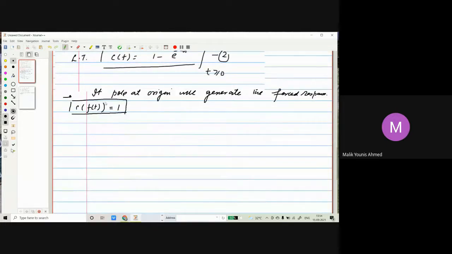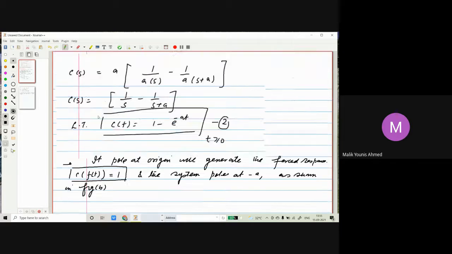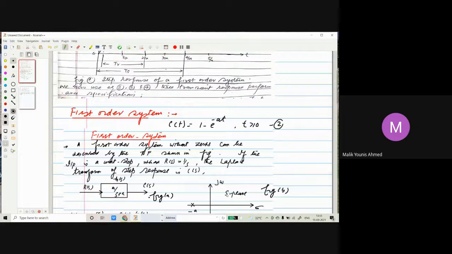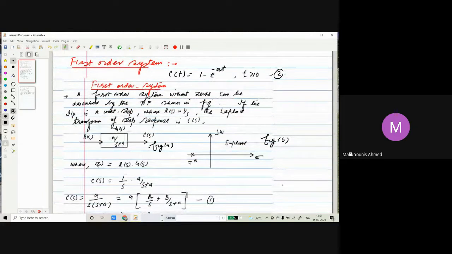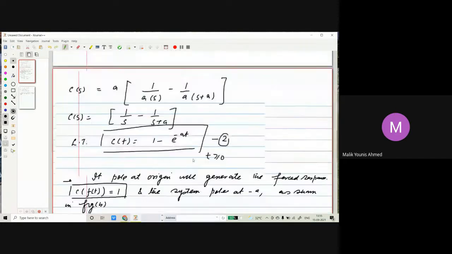And then the system pole is at, I talked about yesterday about the system pole. We have seen that the system pole is at minus a, as shown in figure 2 where we have drawn it. This is figure B. We have drawn it, system pole at minus a.